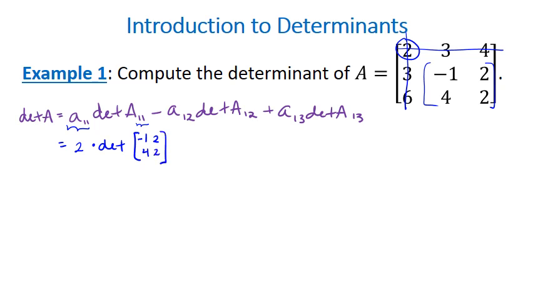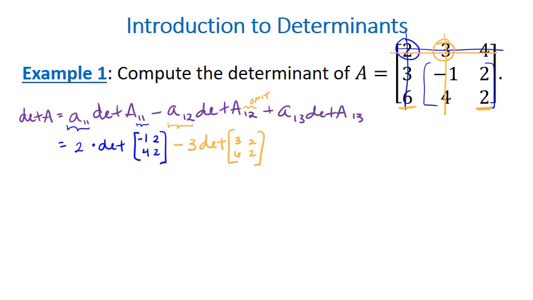Okay, and we're going to do the same thing for the next piece. So for the next piece, we want to identify this specific entry, so row 1, column 2, which is this. So this will be minus 3 times the determinant of this new matrix, where we will omit row 1, column 2. So this creates the new matrix. And I'm sorry if this gets messy.